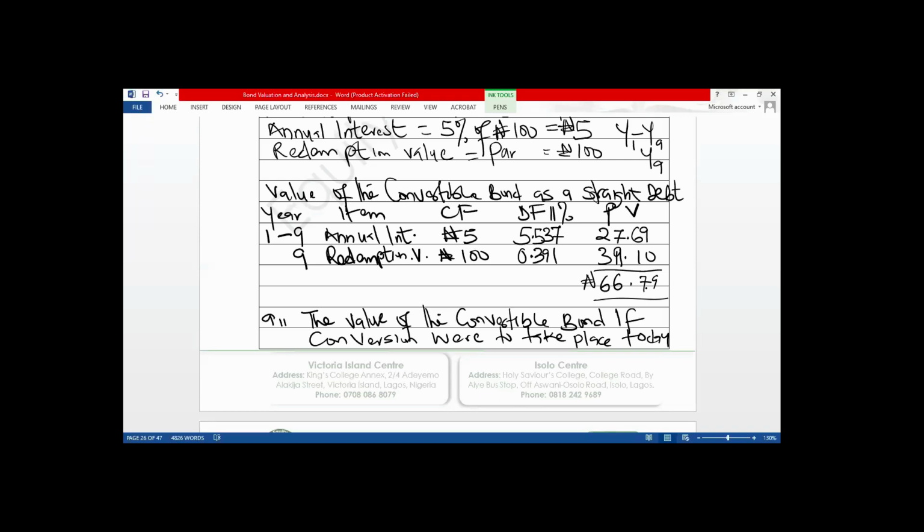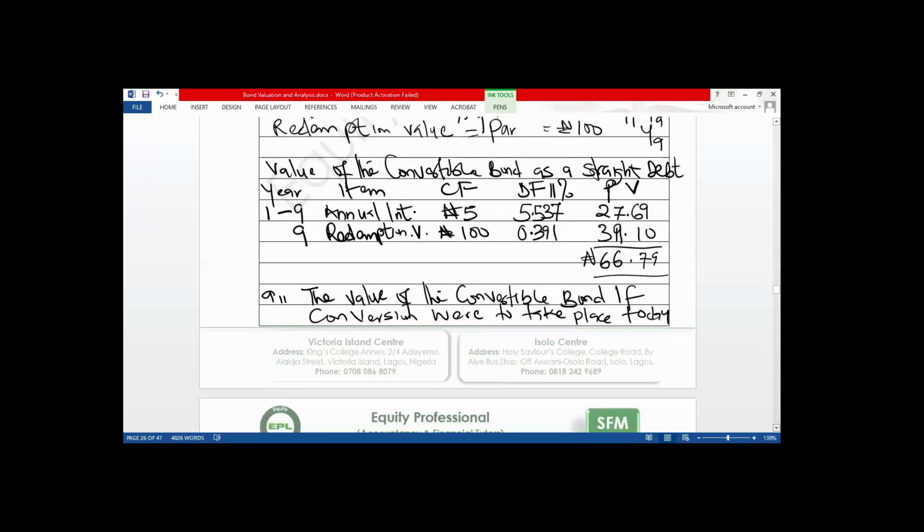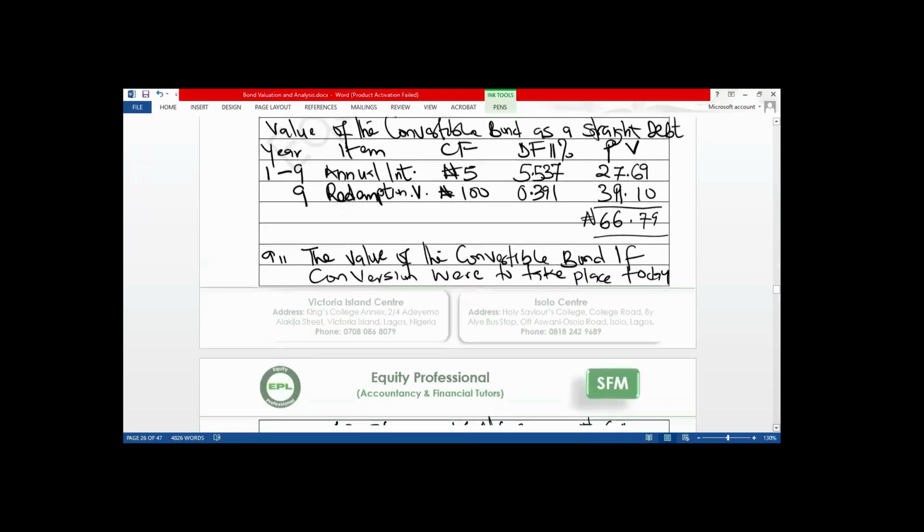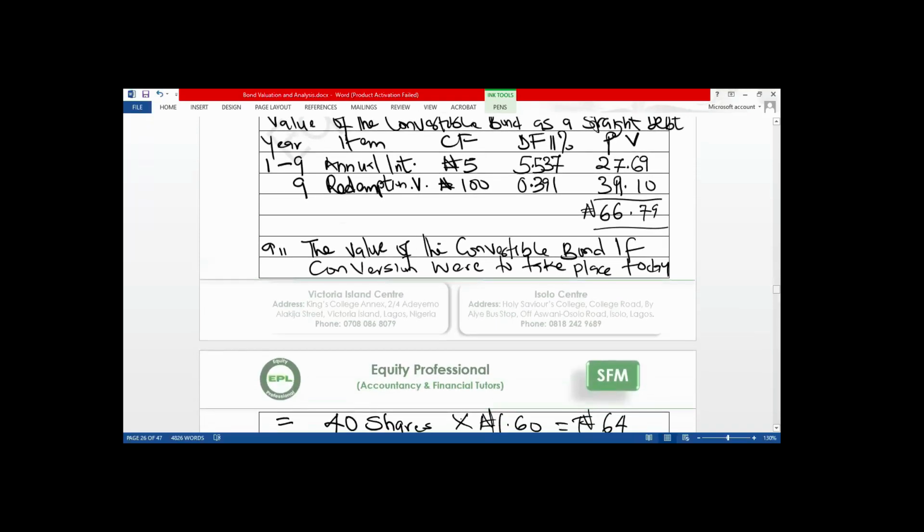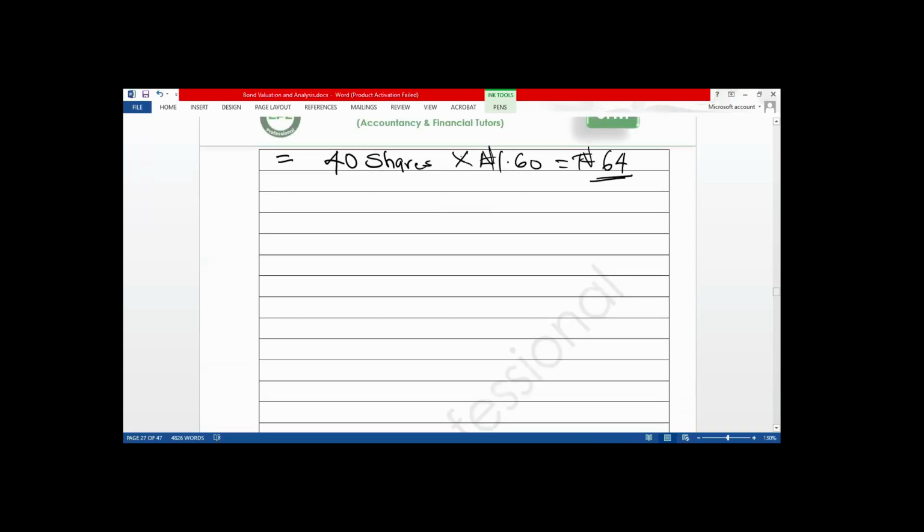So the first thing to do is value of the convertible bond as a straight debt in 1 year's time.